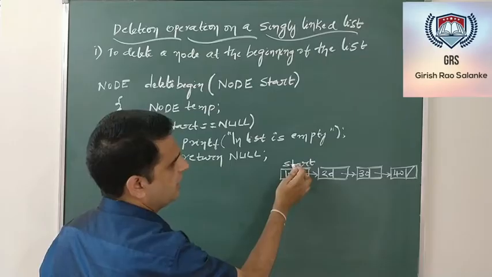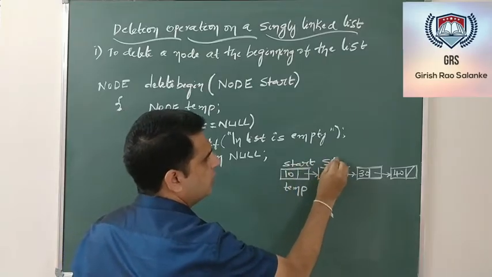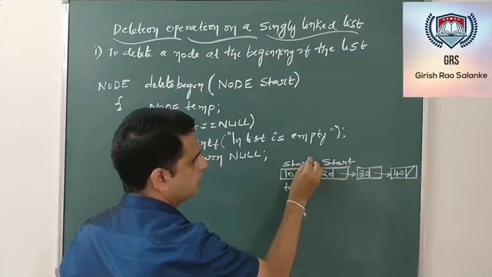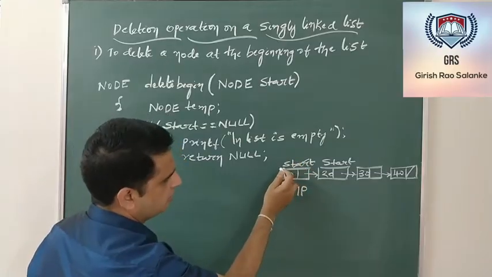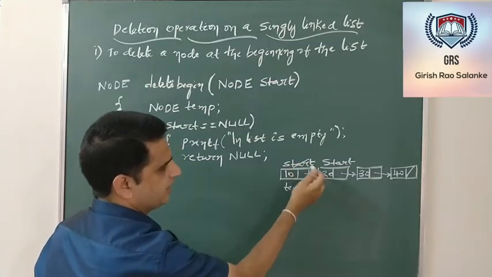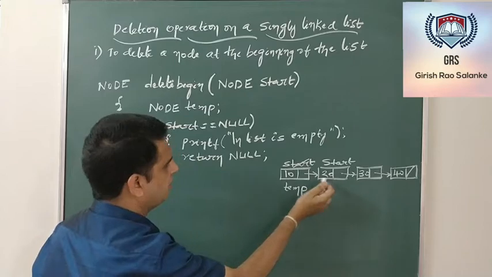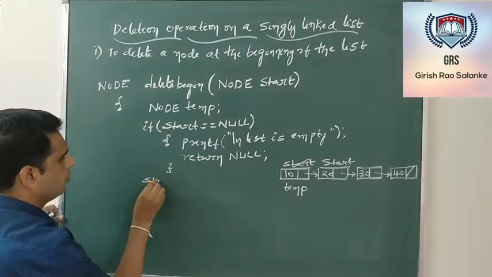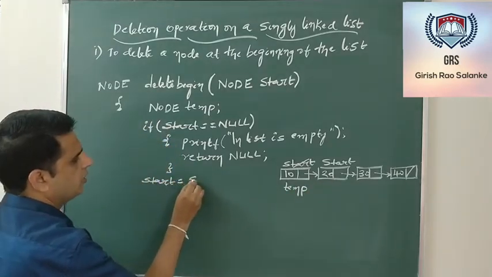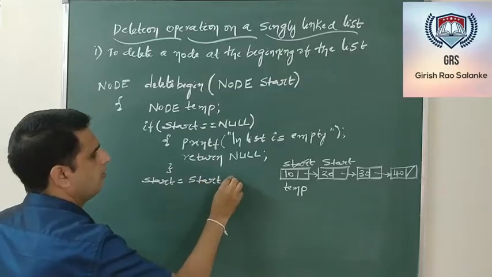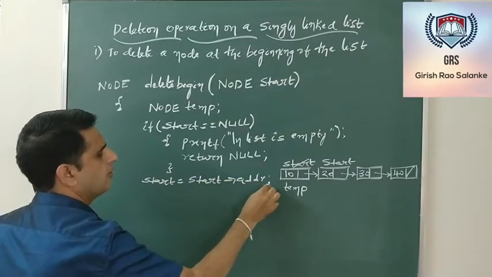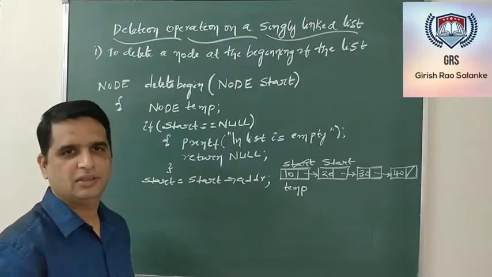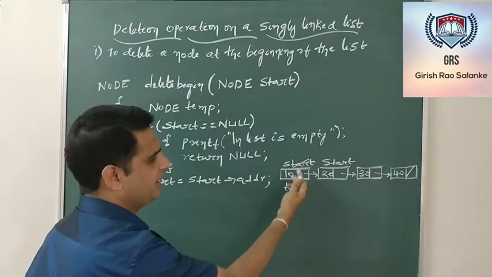So change start, instead of holding the address of the first node, to the second node. The second node's address is there in start of address itself. That is, make start is equal to start of address. Done.